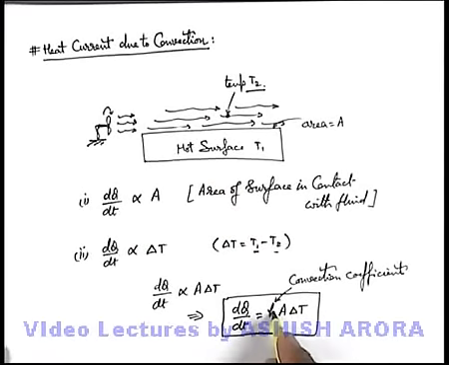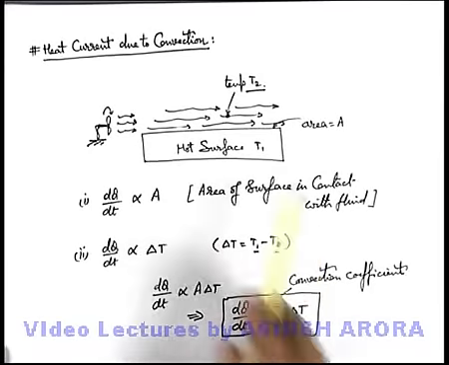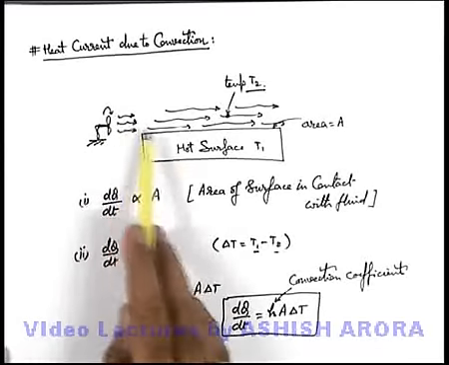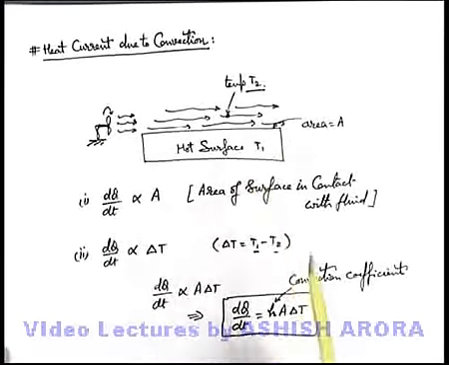And H is a convection coefficient which depends on many factors like the nature of surface, the characteristics of the fluid medium which is used for convection, and this relation is a simple analysis for convection heat current, and there are many applications based on this relation which you will see soon.